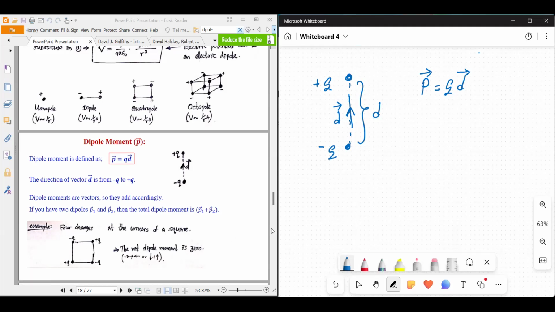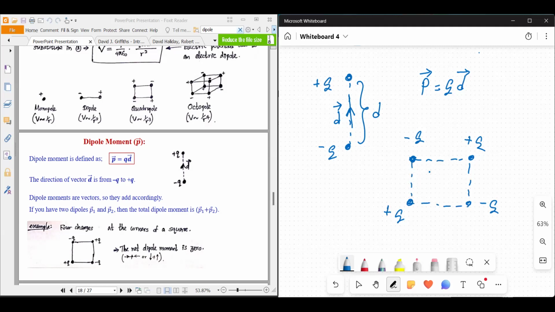Now, if I look at an arrangement like this, so here minus Q, plus Q, and here minus Q and plus Q, minus Q plus Q, minus Q and plus Q. So how many dipoles can we identify here?